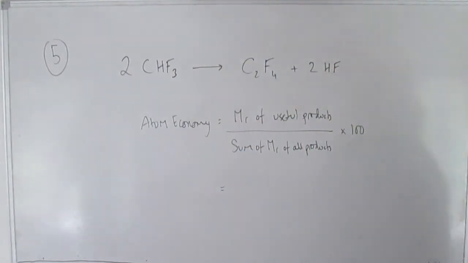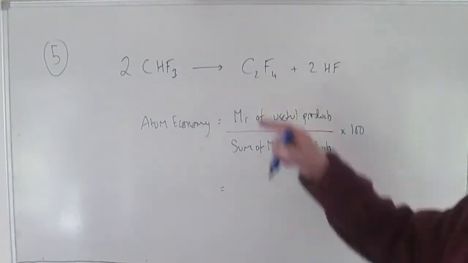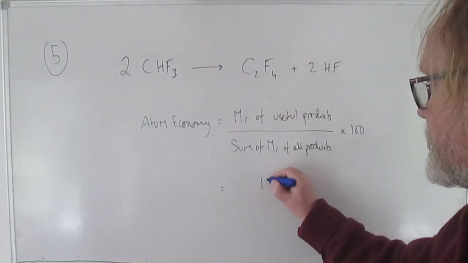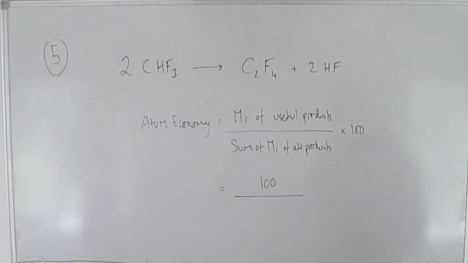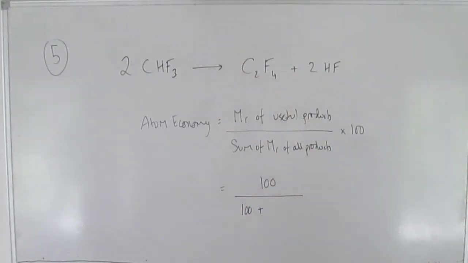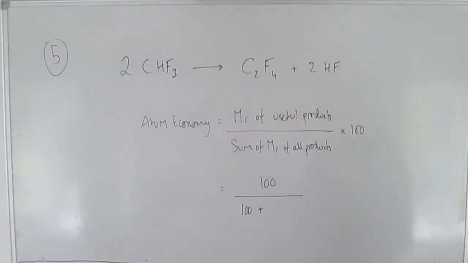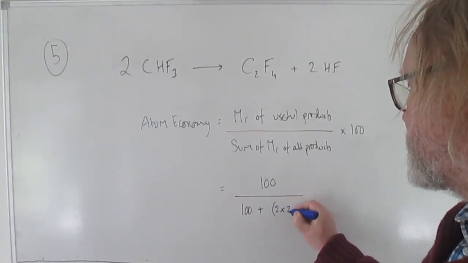Okay, so we're producing just 1 mole of that, so it's just the MR of C2F4, which turns out to be exactly 100 on the top line, and then on the bottom line it's the sum of the MR of all the products, so there's the 100 again, but then there are 2 lots of HF, so each HF has an MR of 20, so plus 2 lots of 20.